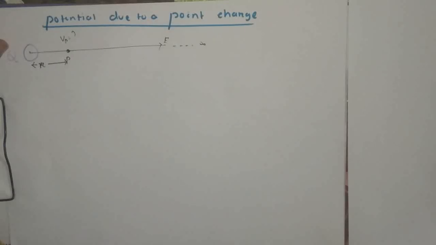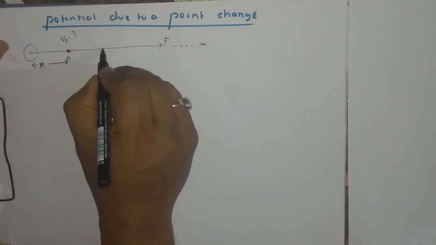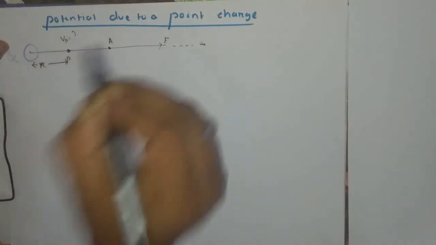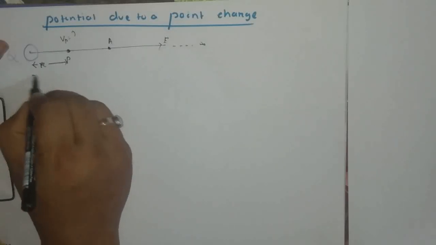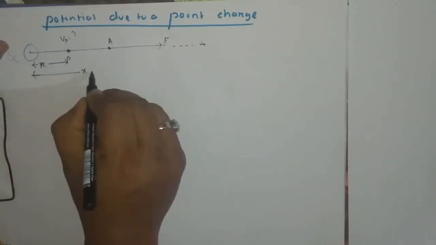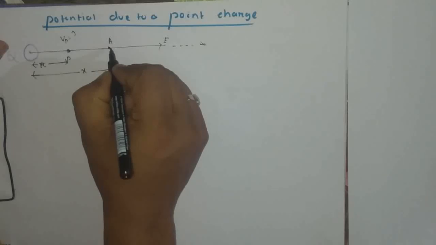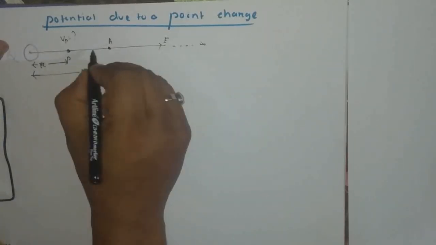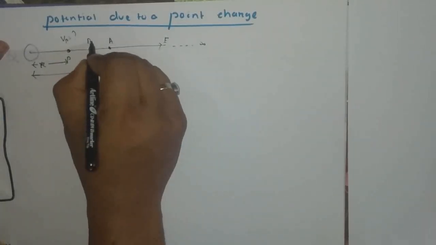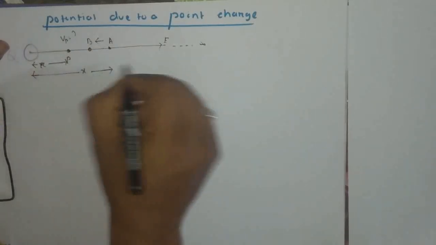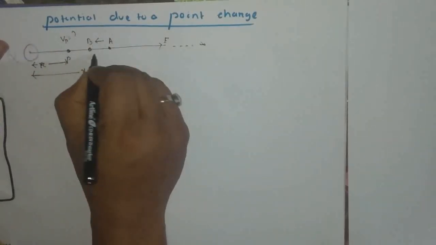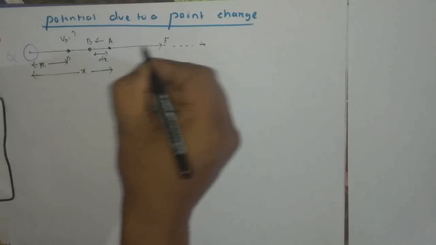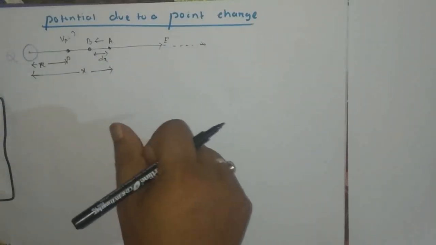Before that, let us consider I am doing it at the point A, which is at a distance x. Let us place a test charge at the point A first. I want to move it to the point B, so I am moving from A to B. The displacement is dx, and the displacement is from right to left.